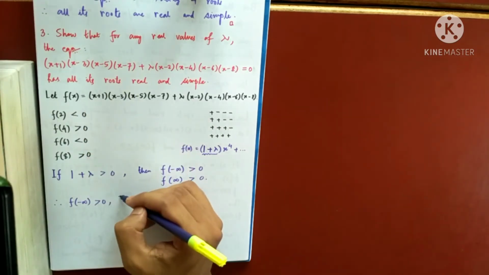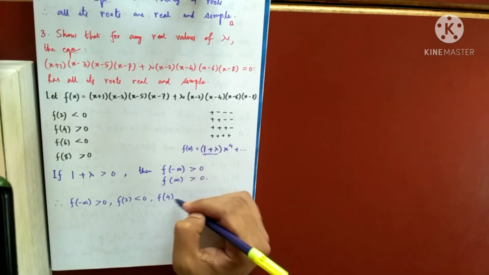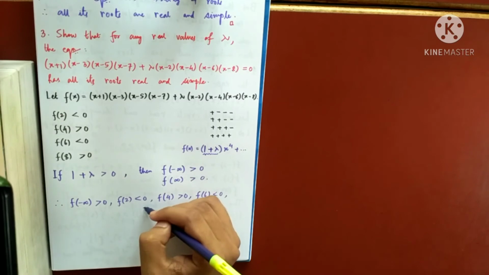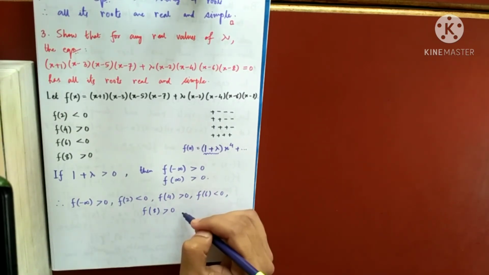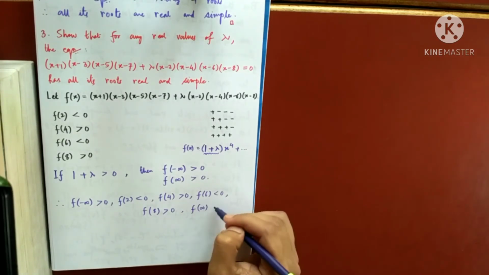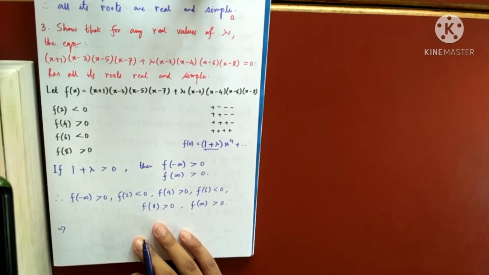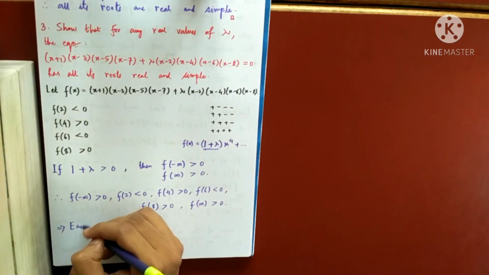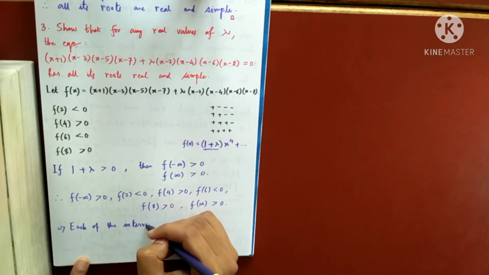Now arrange this. F of 2 less than 0. F of 4 more than 0. F of 6 less than 0. F of 8 greater than 0. F of infinity greater than 0. I am just writing this. Thus, each of the intervals, so which intervals will contain a root?